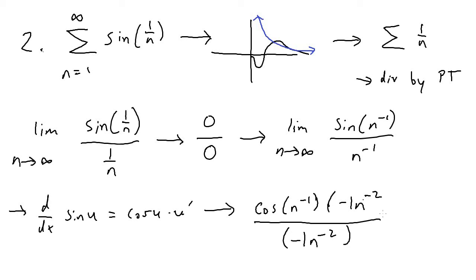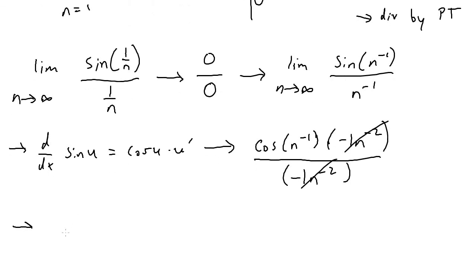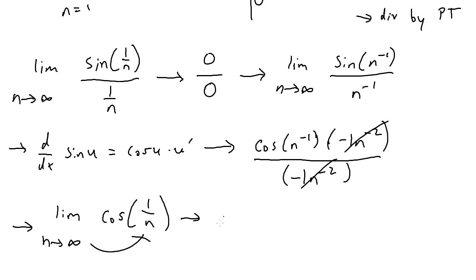Notice how these two terms will cancel, and we'll be left with the limit as n approaches infinity of cosine of n to the negative first, or cosine of 1 over n. When I plug in infinity, we'll get cosine of 1 over infinity. 1 over infinity is 0, and cosine of 0 is equal to 1.